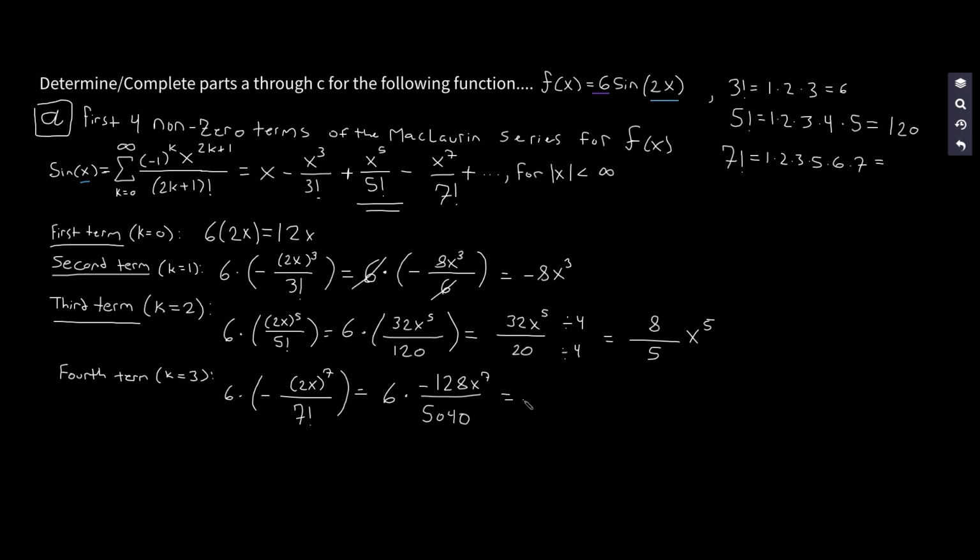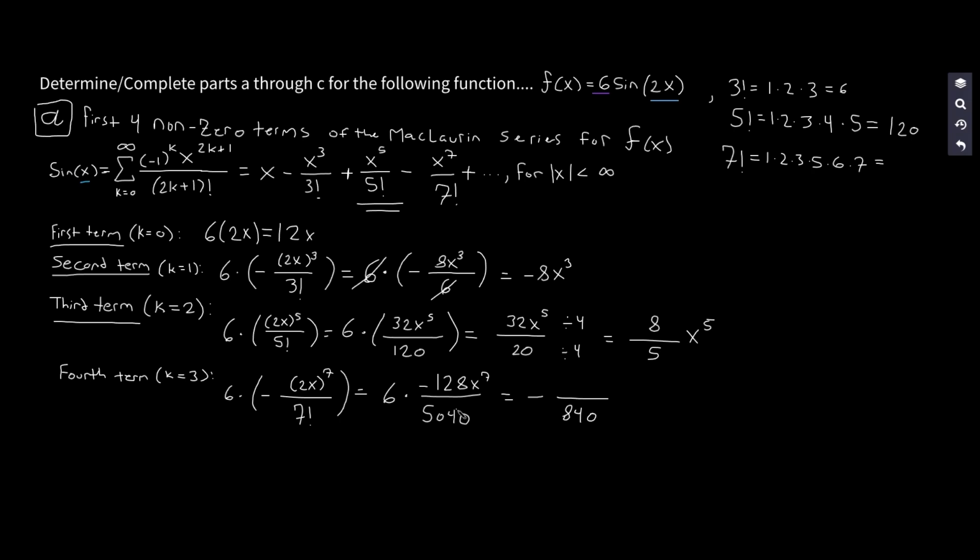And then there are also some simplifications that we could do. If we wanted to simplify this fraction, is 5,040 divisible by 6? Indeed it is. So we could put an 840 in the denominator because we're just going to divide it by 6 and get rid of that 6.